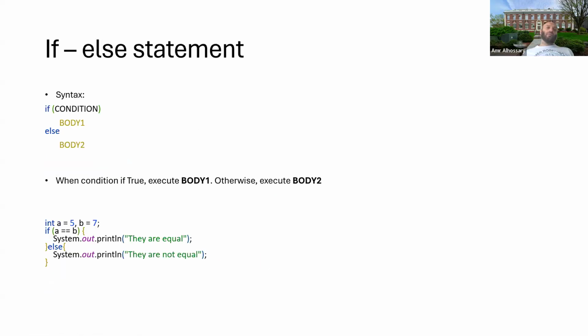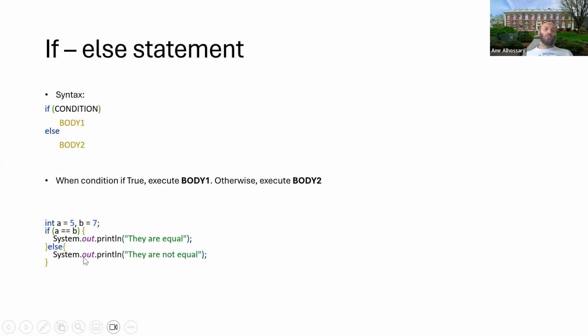The second variant is the if-else statement, which has a syntax similar to the first one. If and a condition within brackets, we execute body one, else we execute body two. So one of the two bodies will be executed, either body one or body two, based on whether the condition is true or false.